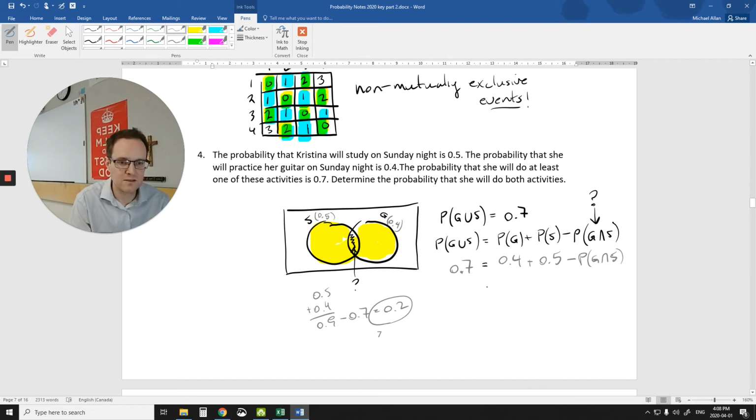Okay, so I'm just going to rearrange it. Actually, I'm going to add these two numbers first. Get 0.9, very similar to what we got over here. We got a 0.9 as well. Then 0.9 over here. And then I have this. I'm going to rearrange this a little bit. I'm going to subtract over the 0.9, get negative 0.2.